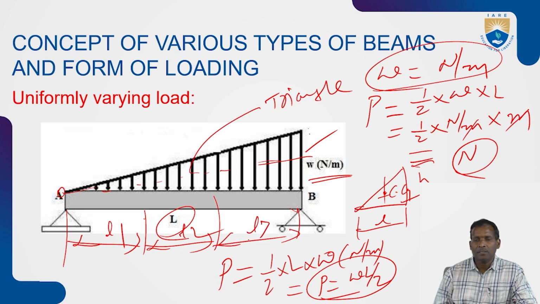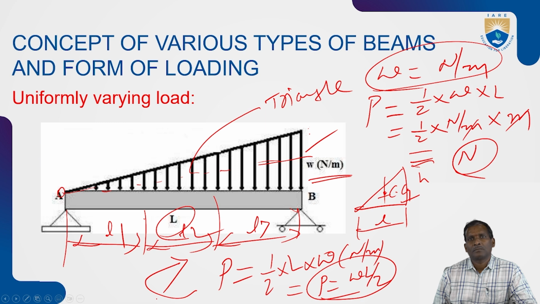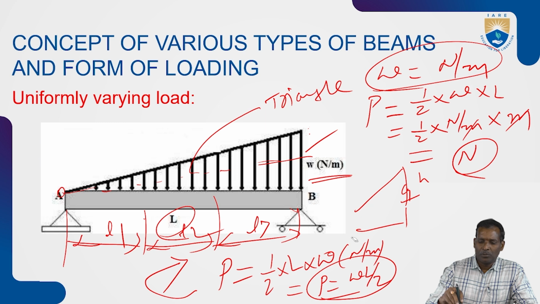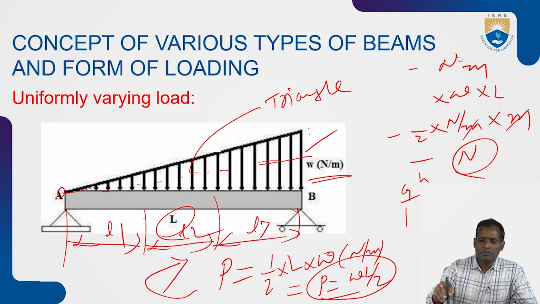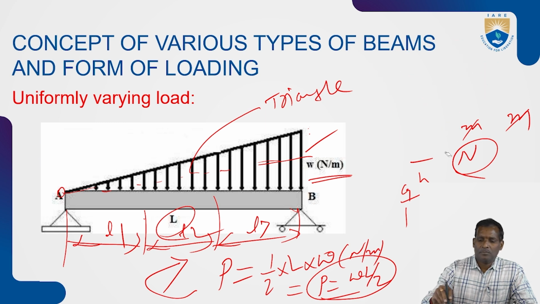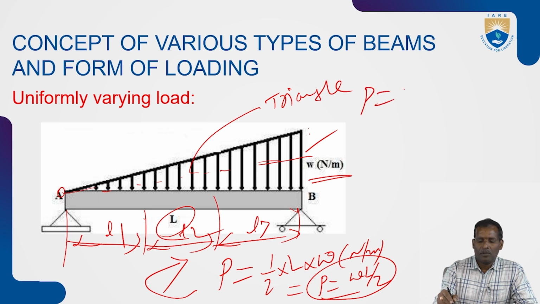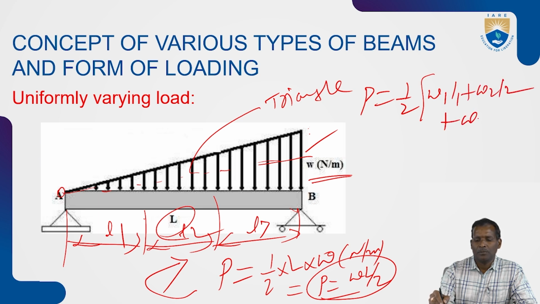In this case, apply P is equal to half multiplied with W1 L1 plus W2 L2 plus W3 L3.